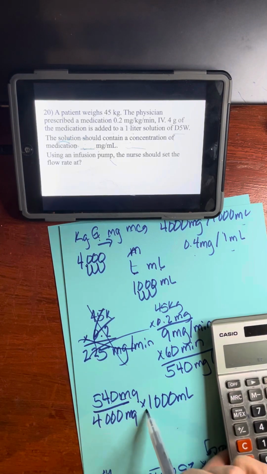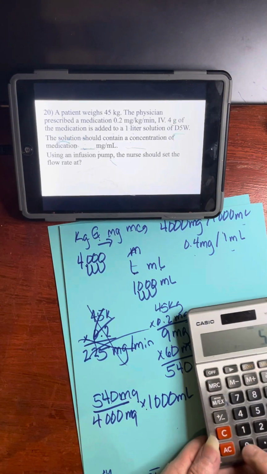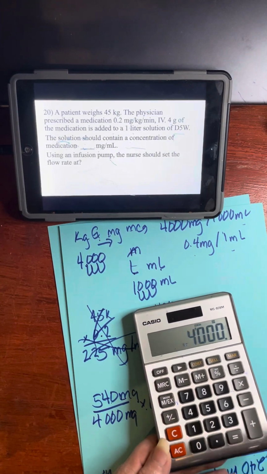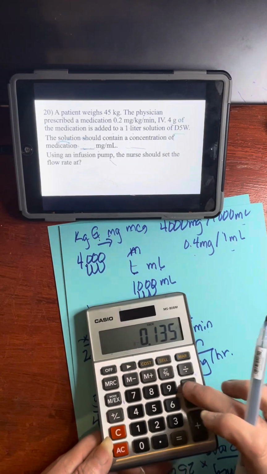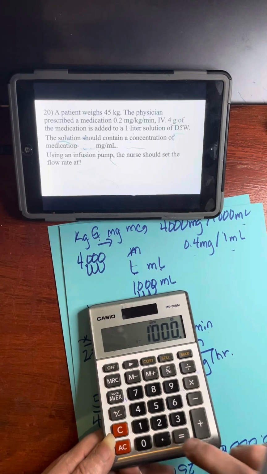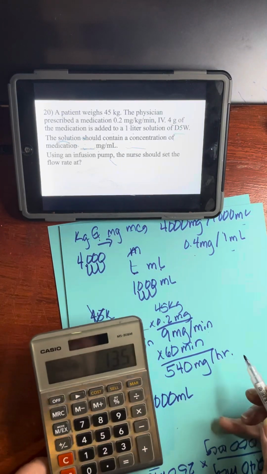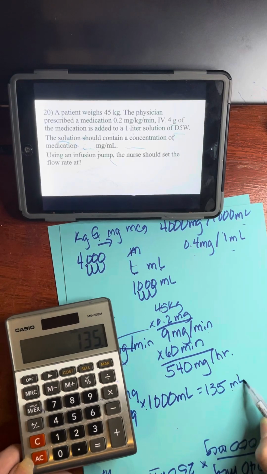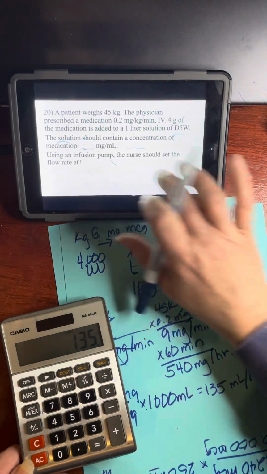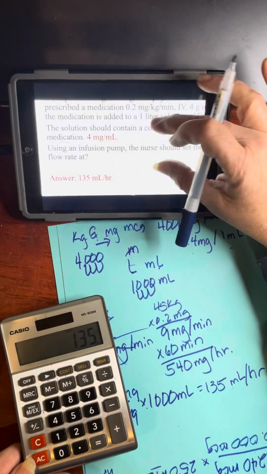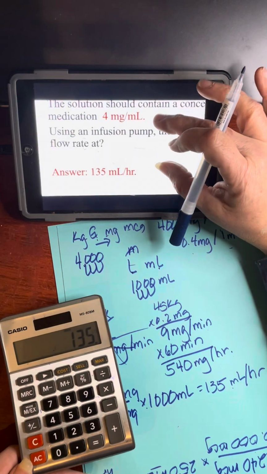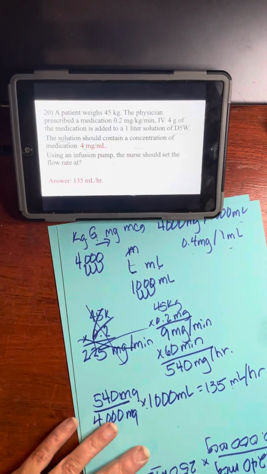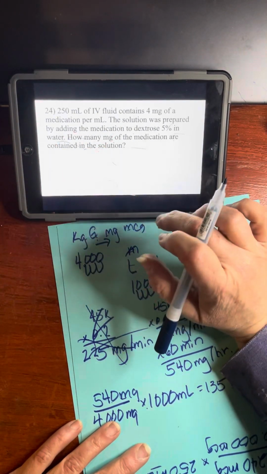This divided by that times that. 540 divided by 4,000 times 1,000. And look at that. It's 135 milliliters per hour. Look, we saved them. But we did it. You see that we did it? And you can do it.